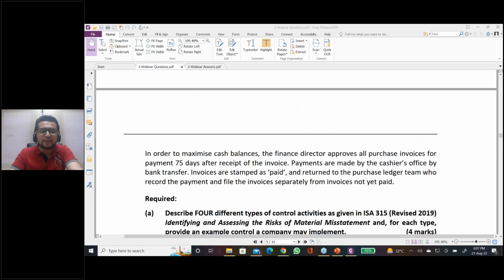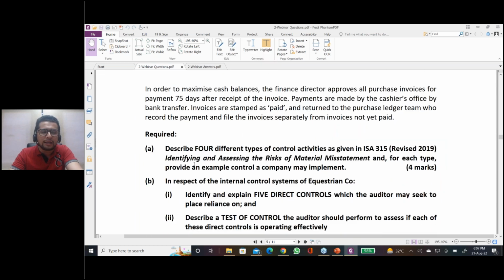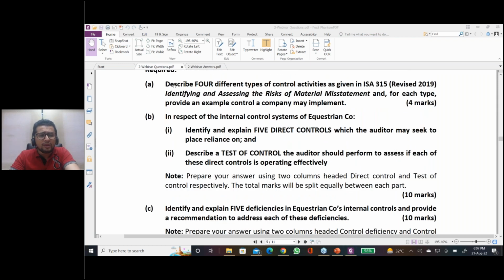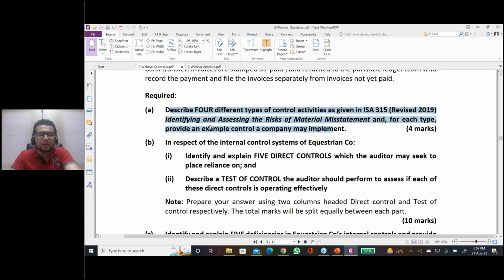And why I've selected this question particularly is because if we go and check out the exam requirements, part A is a straightforward bookish knowledge based question. Describe 4 different types of control activities.